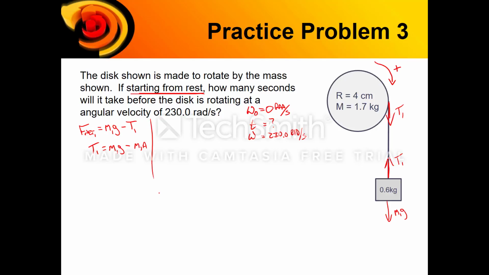Now that's the only net force that we have. We only have one mass, so we only have one force acting on it. And if we look at the net torque acting on that disc, we know that net torque is equal to I alpha, and the only torque that's really acting there is the torque provided by T1.